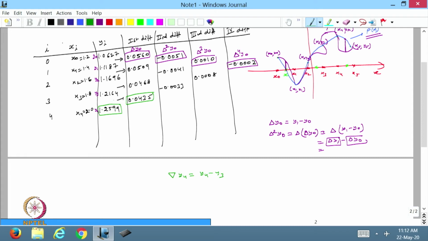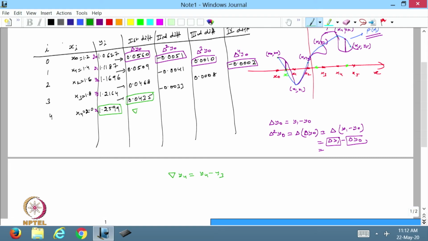So, this will be this minus this. So, I can say that this is the first order backward difference. What about this one? The same way, this minus this. So, this is the second order backward difference. This is the third order backward difference, and this is the fourth order backward difference.